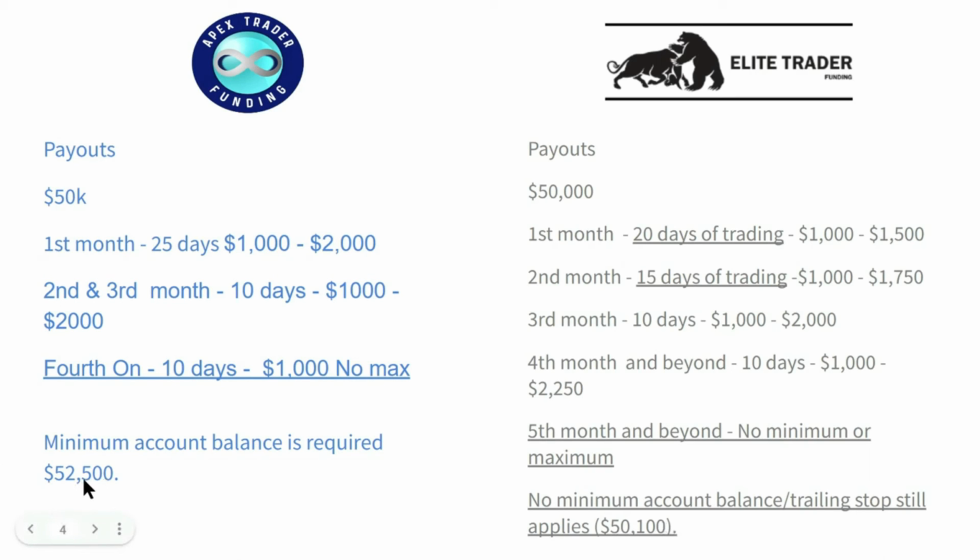Whereas with Apex Trader Funding, you don't get to pull out because you haven't met your account balance minimum yet. I hope that makes sense, but y'all can do your own math. I got a little tongue-tied on that, and I apologize.